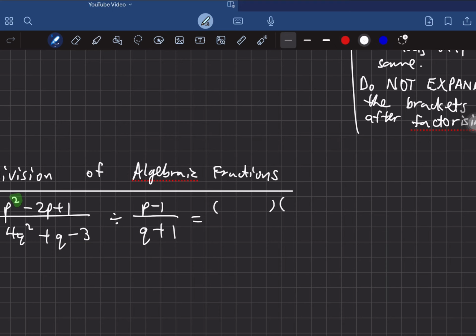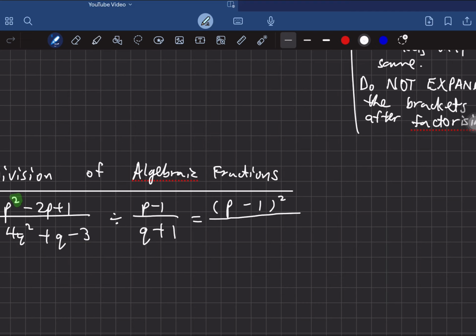This one we can either use the multiplication frame or our algebraic identity. So looking at it, we can use the algebraic identity a minus b, then square. So it will be p minus 1 square, because p square minus 2p times 1, 2p plus 1 square, fine.